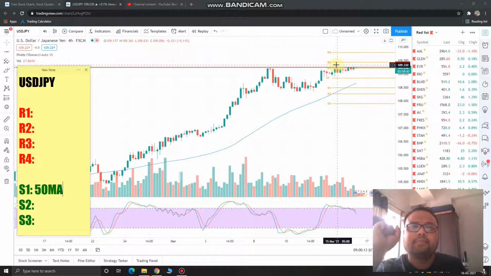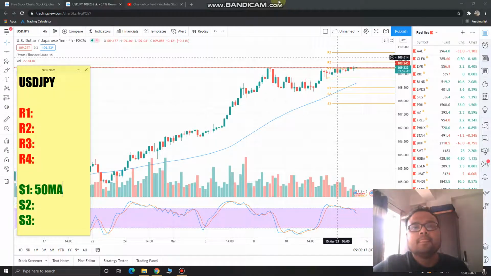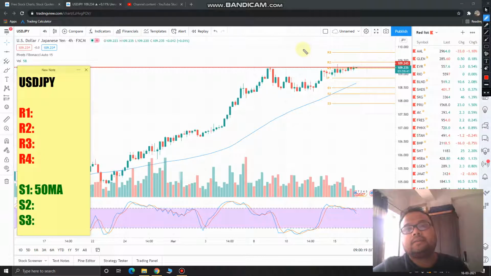If you see that price is trading comfortably above the resistance and is not facing any issue, then you can go ahead and buy above this line, because the resistance will be the support now.